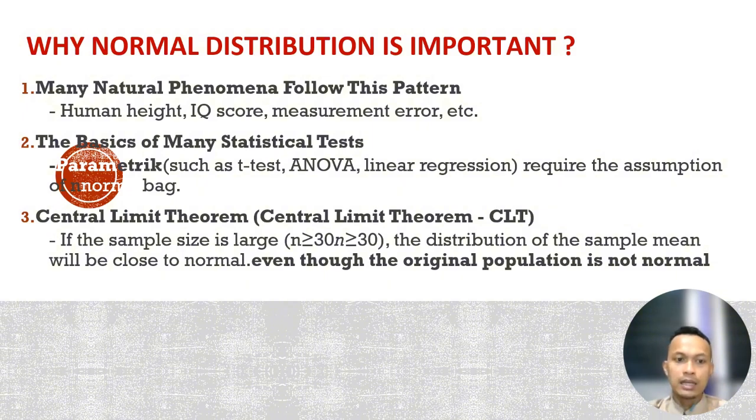And the third, central limit theorem, CLT. If the sample size is large, equal to or larger than 30, the distribution of the sample mean will be close to normal, even though the original population is not normal.